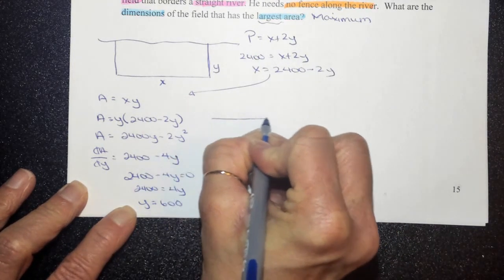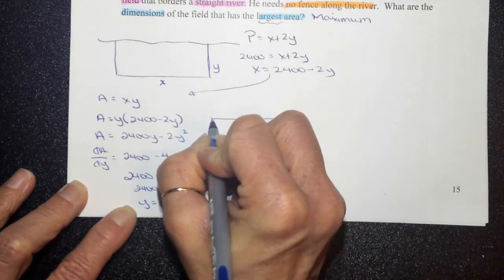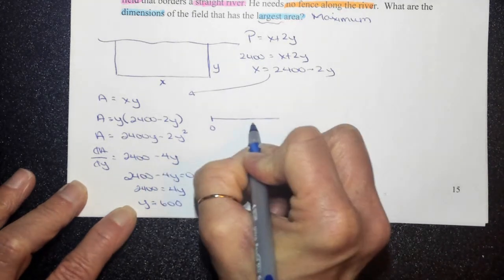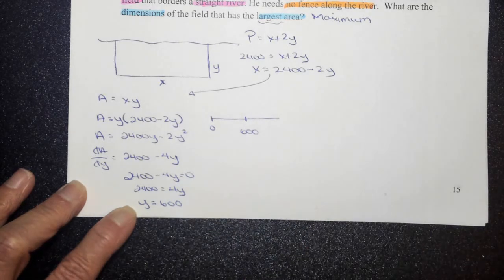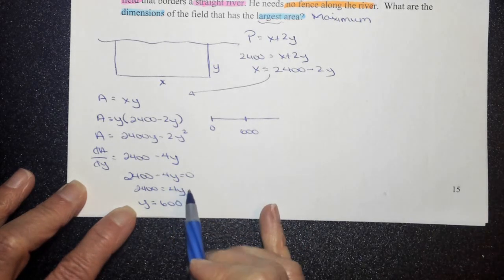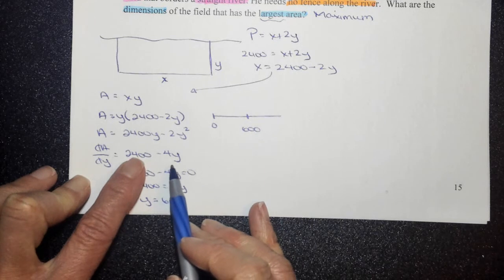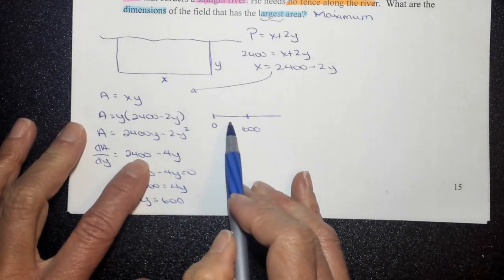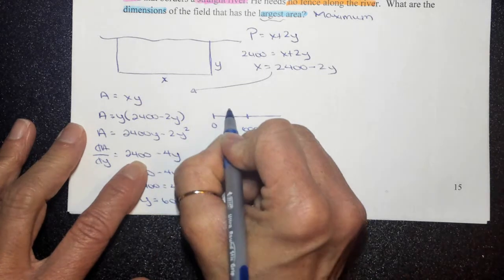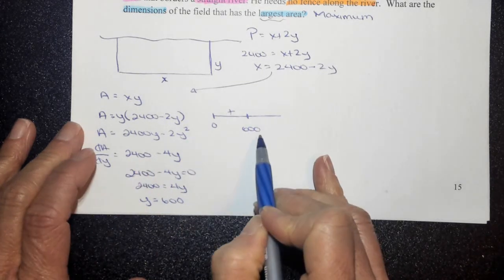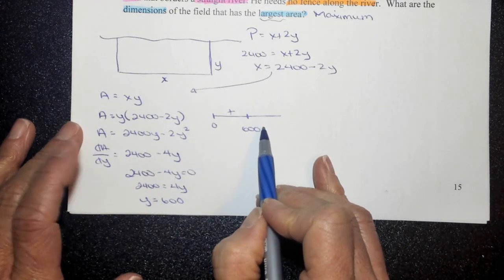So if I throw this critical number on a number line, we know that our minimum would be 0. Here we have 600, and this is going to an infinite value. So remember, you're plugging back into your derivative. So if I were to pick, I don't know, 1, 2400 minus 4 is a positive number. And let's say I were to pick 700.